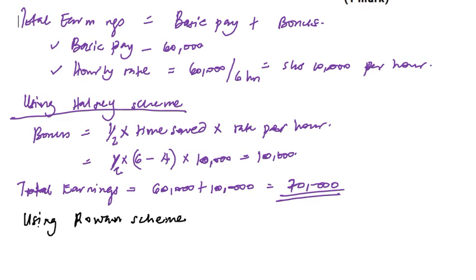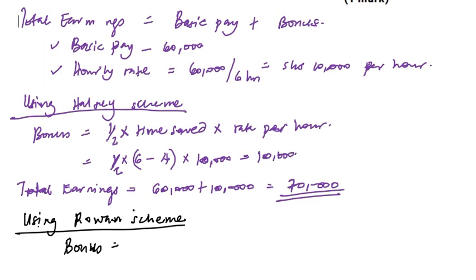Still, total earnings will equal the basic pay plus bonus. Don't forget that. So under the Rowan scheme, how would we calculate the bonus?